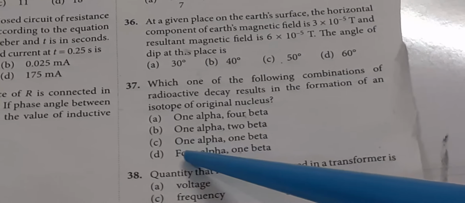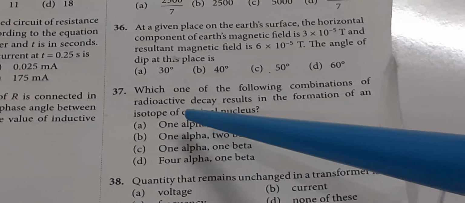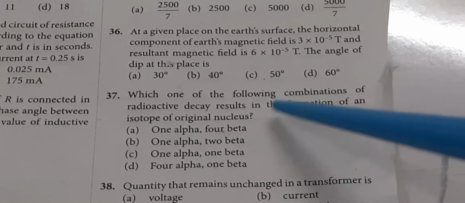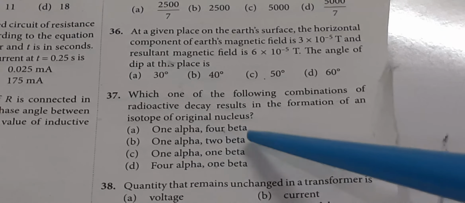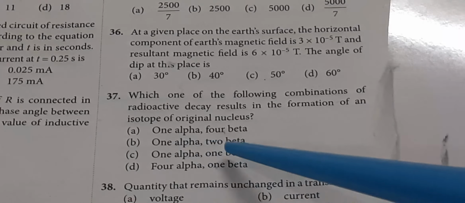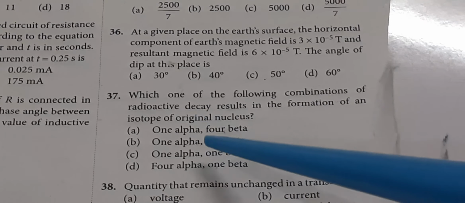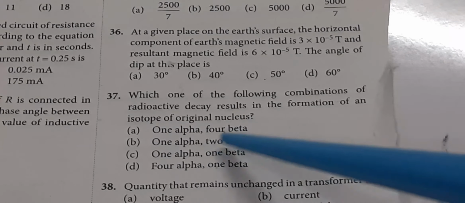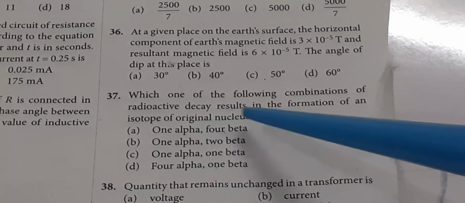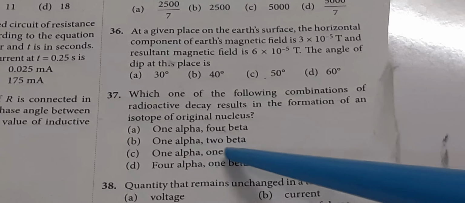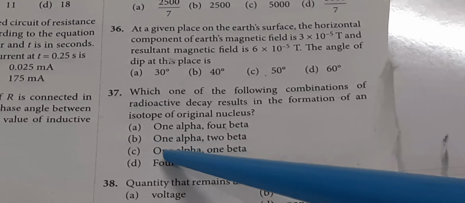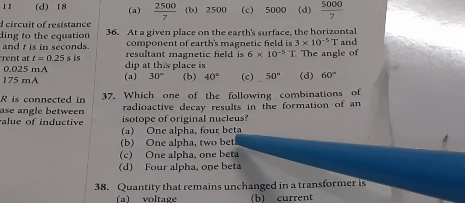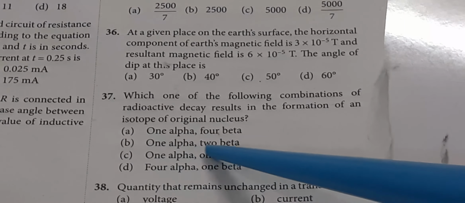For the second choice, 1 alpha means the atomic number will reduce by 2, that means Z minus 2, and 2 beta particles increase it, so it will return to Z again. It is coming back to the original nucleus. 2 beta, 1 alpha, 2 beta. The atomic number is not going to change, so B will be the answer.